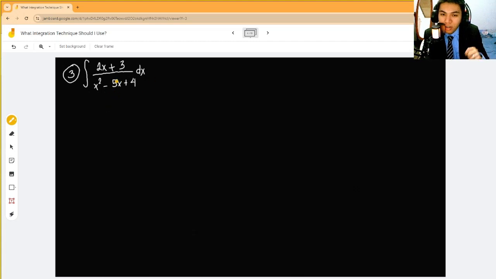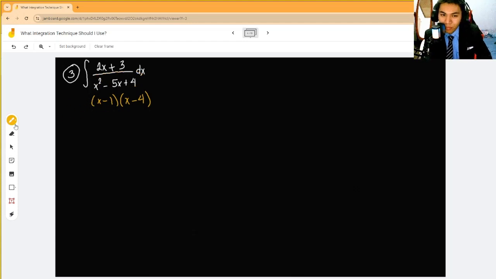So we notice that this whole denominator is something that we can factor, and we can factor that in our heads. So we have to think of numbers that add up to 5 but multiply to 4, and that's just 4 and 1. Okay, so we can think of this as x minus 1 times x minus 4, and you can fold that and you will get this answer. All right, that's pretty good.